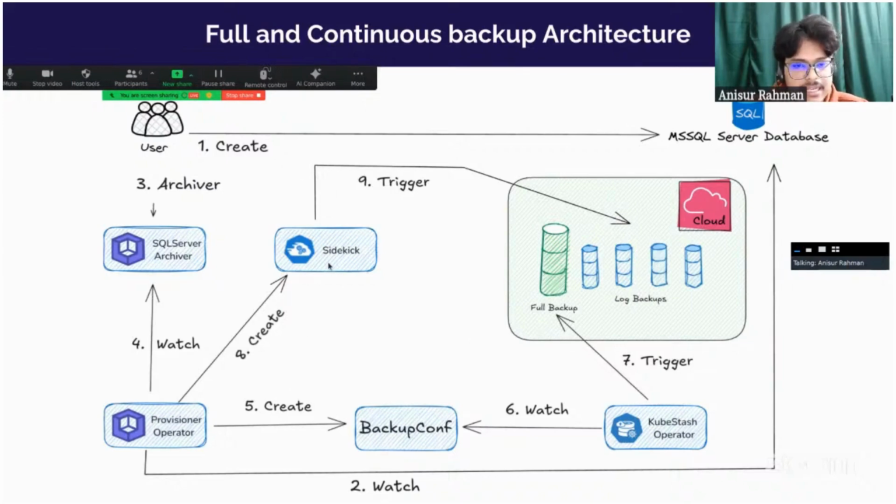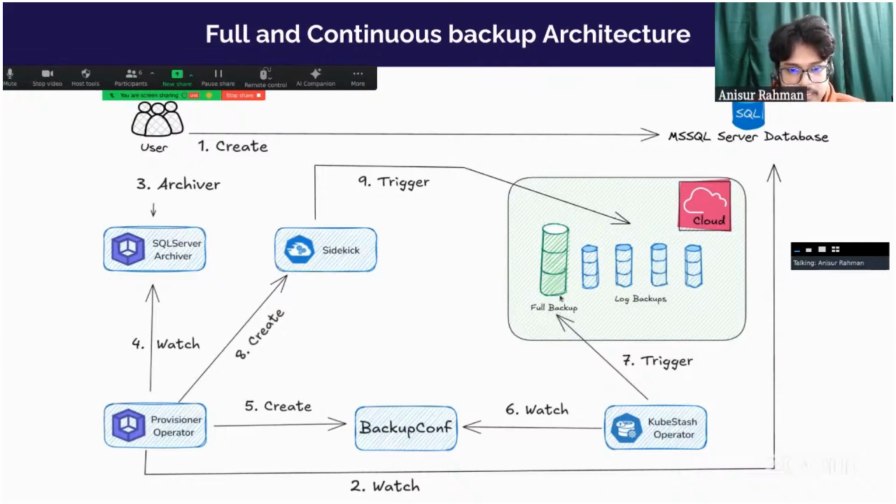And what is sidekick actually? The sidekick is another custom resource managed by AppsCode, and this is the upgraded version of the native Kubernetes sidecar. This sidekick is responsible for triggering the log backups on a 30 minute schedule.